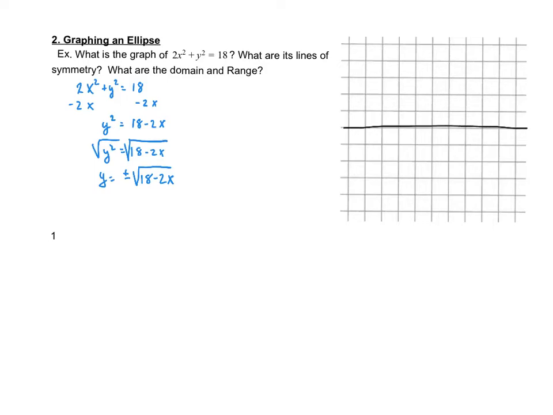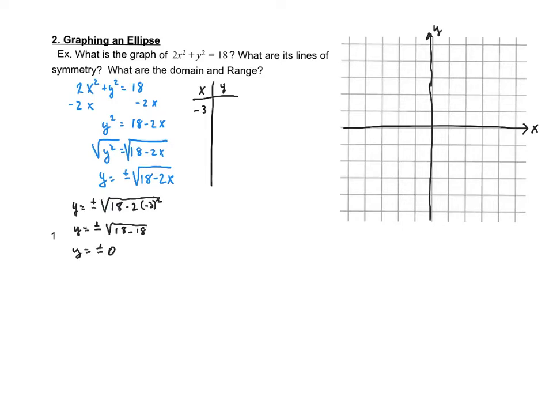And I am going to be fairly selective for my values. I'm, of course, going to pick values of x that will give me integer values of y, because I don't want to deal with any more fractions than I have to. So let's look at x's plus or minus 3, plus or minus 1, and 0.